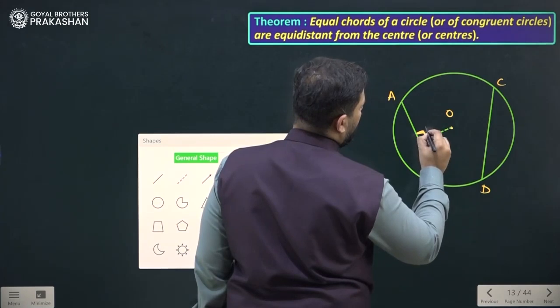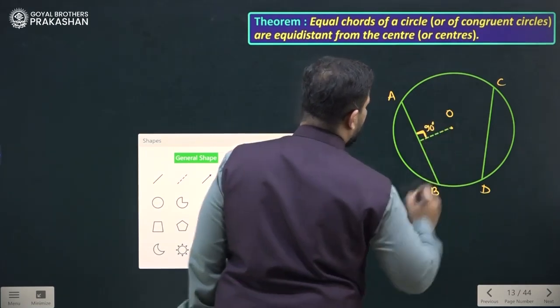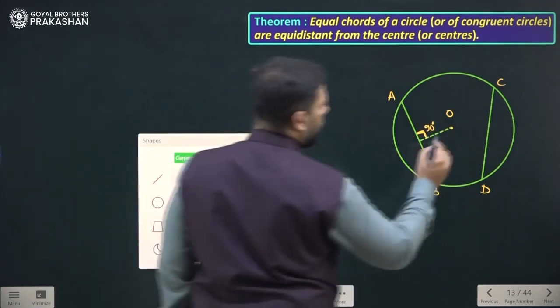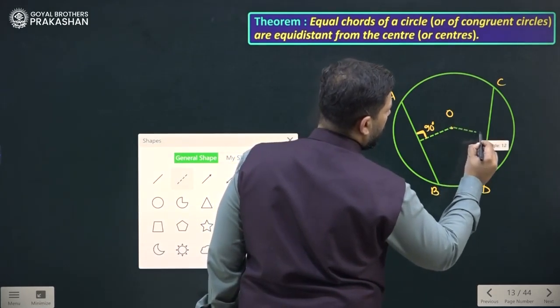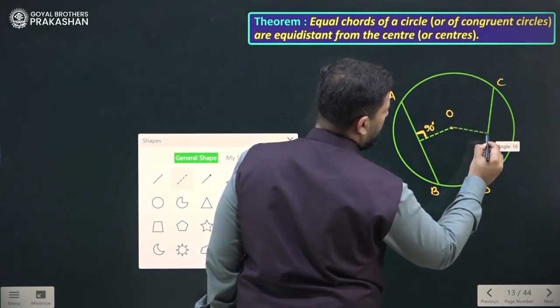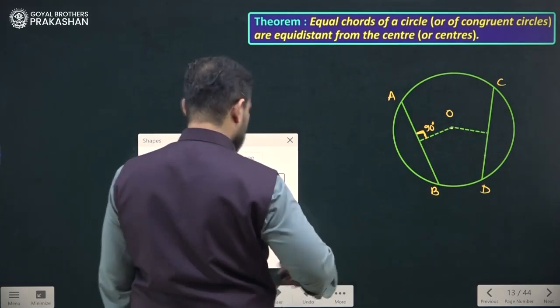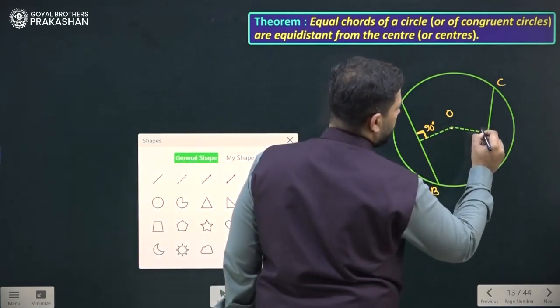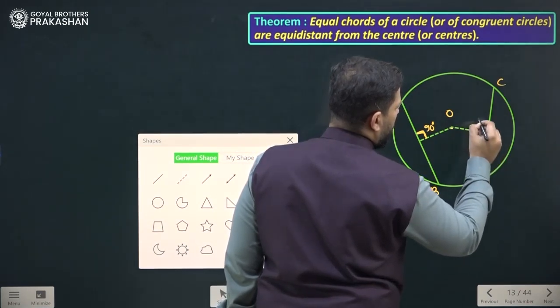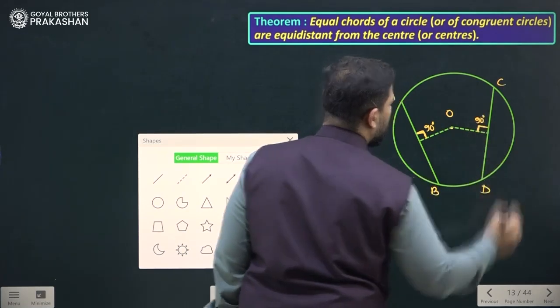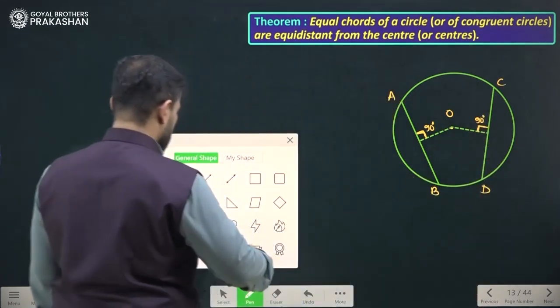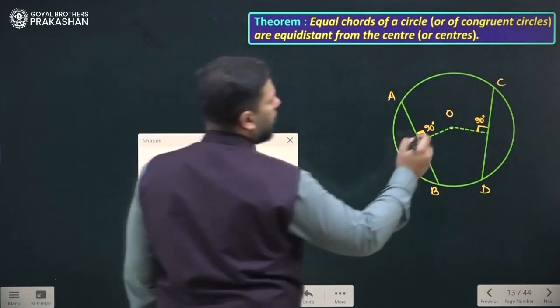Right, this is perpendicular, that is 90 degrees. And let us drop another perpendicular over here. And this also is 90 degrees.